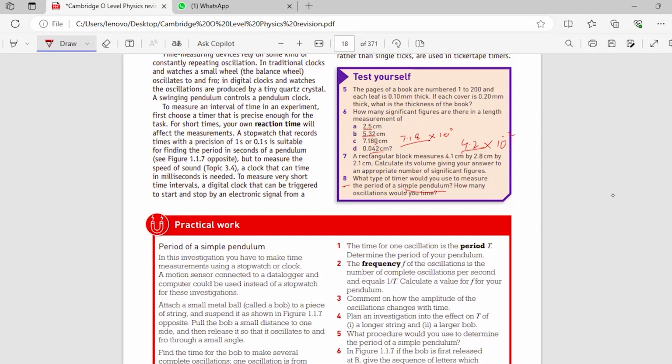If we use digital devices, parallax error is avoided. The parallax error does not arise if we use digital devices. But if we discuss the disadvantage of using digital devices, if their cell runs out, they will not give you the accurate answer.